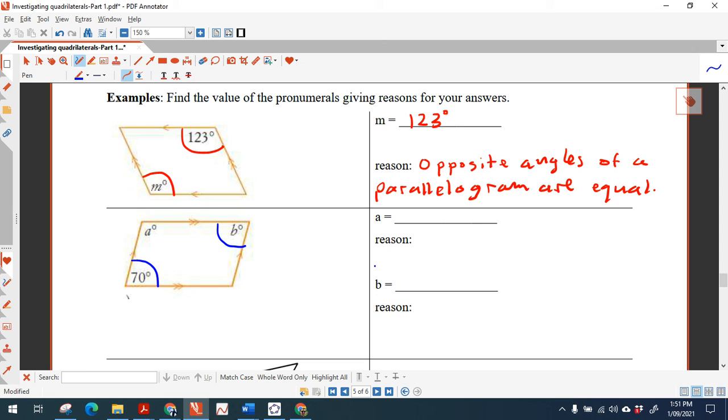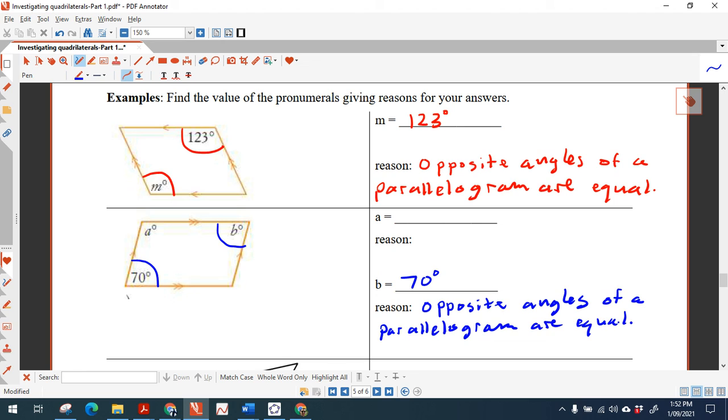Opposite angles are equal, so we're going to say that B is equal to 70 degrees. I'll put that down here. And I want you to write the reason down: opposite angles of a parallelogram are equal.